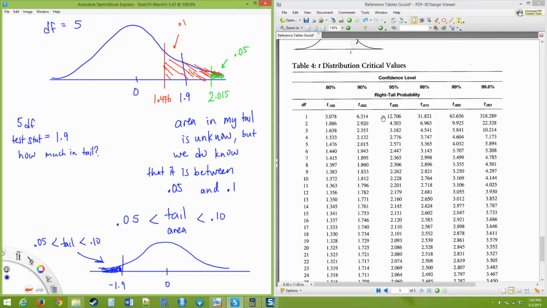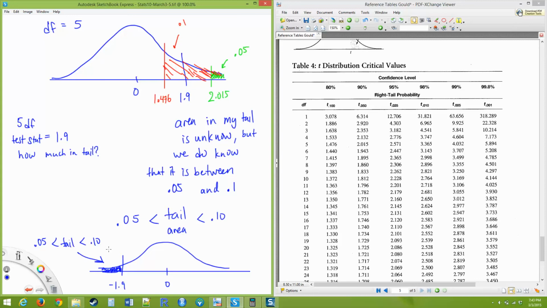So if you have positive numbers and you're looking for the tail area to the right, you use these. If you get a negative number and you're looking for the tail area to the left, you use the same exact numbers. Just ignore the negative sign. Is that okay? The table is symmetric.